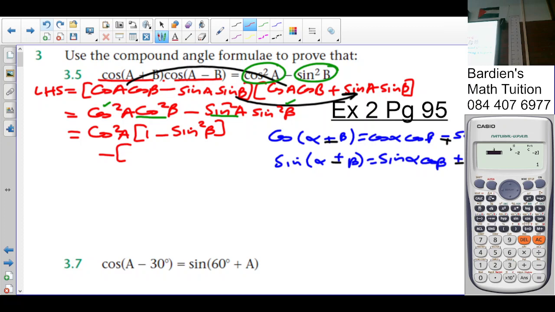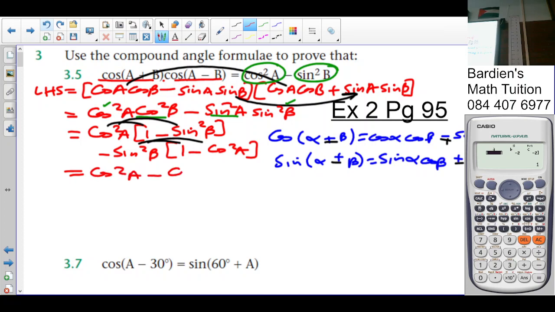So we're going to keep sine squared B as it is, but we're changing sine squared A to 1 minus cos squared A. So we get rid of the bracket by multiplying in here. So that's going to give you cos squared A minus cos squared A sine squared B.